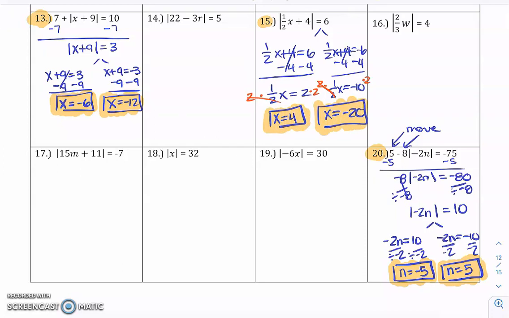Once you get the absolute value by itself, you say, okay, the part in the absolute value could equal a negative number or a positive number. So whatever it equals, just solve the original, solve for the negative, get your two answers. But nothing actually in the absolute value ever changes. Just what it's equal to changes. So that's the trickiest part. And you should always get two solutions for these. Always two answers.